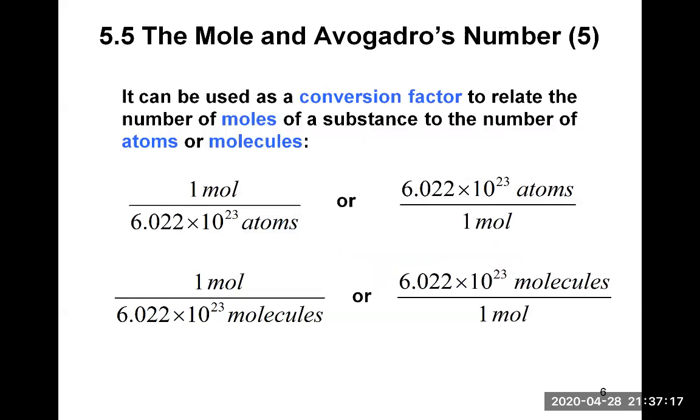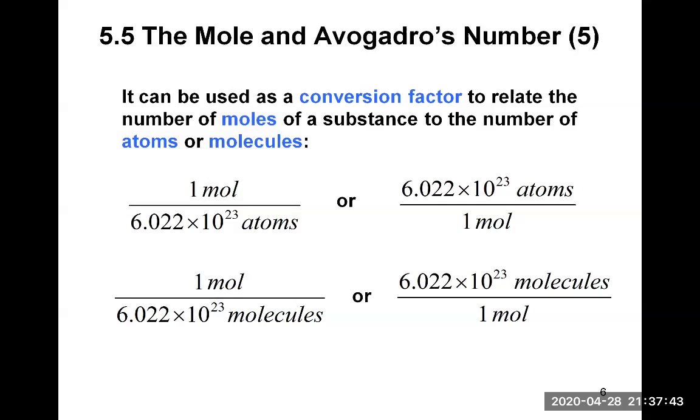A conversion factor that in this case will relate the number of moles of a substance to the number of atoms or molecules. And so out of an equality, we can write two kinds of conversion factors depending on which part of the equality we put on top and which part we put on the bottom of the fraction.